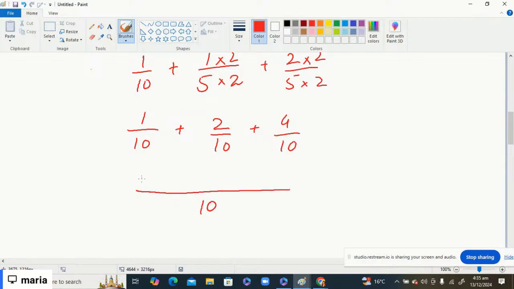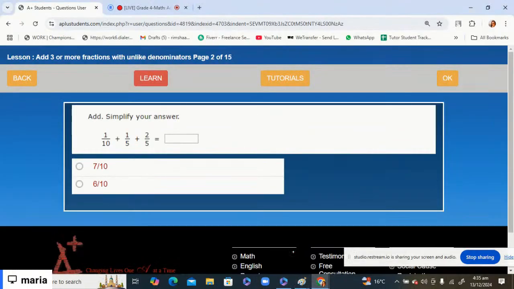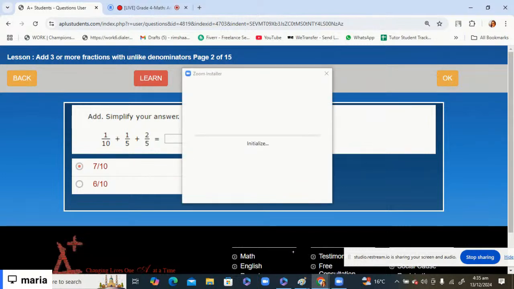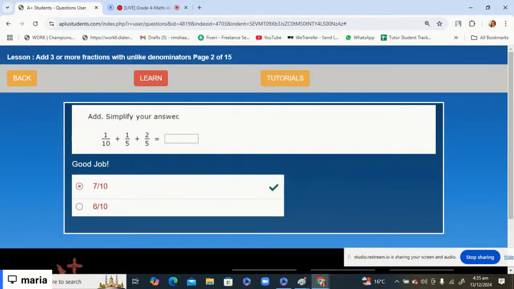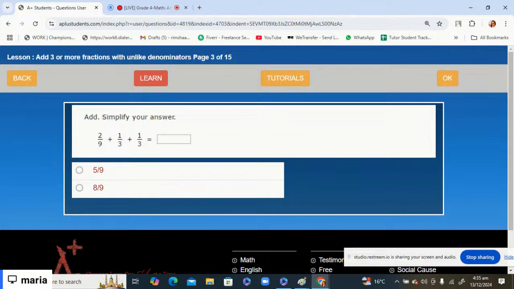Putting 10 here, putting 1 plus 2 plus 4. 7/10. Here is the option for 7/10. Okay. Then let's just click and check that our answer is right.